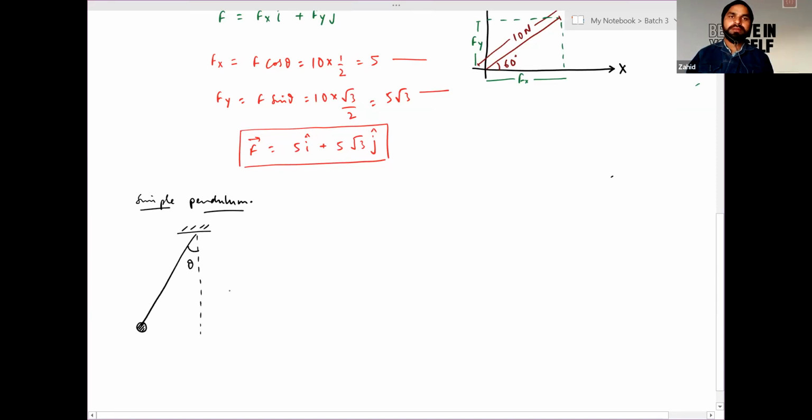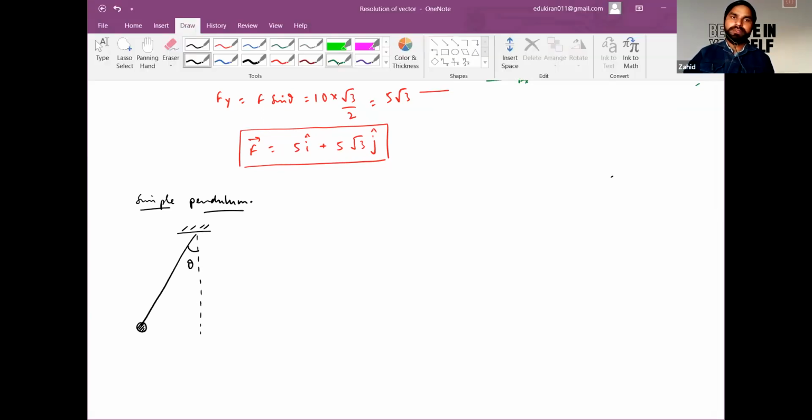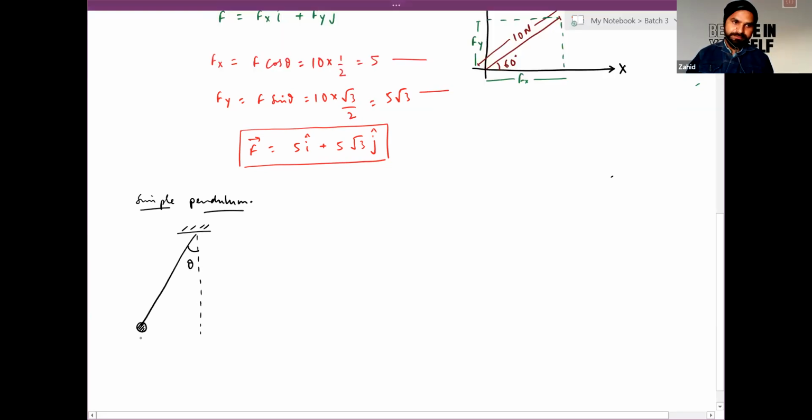Since this bob would have some mass, due to which it will get attracted by gravity towards the vertically downward direction. So it will be m times g. Now if you extend this line in its own path along this direction, this angle and this angle will be equal using corresponding angles.